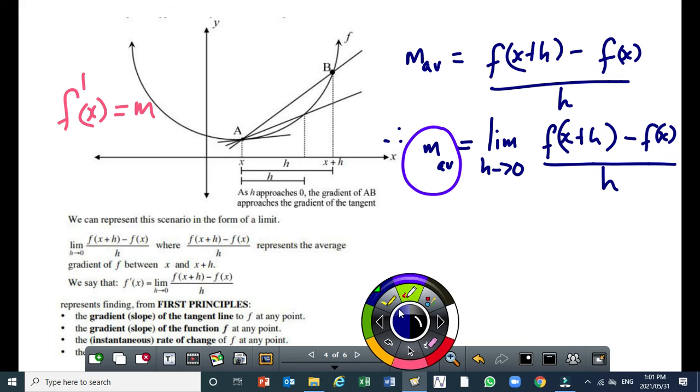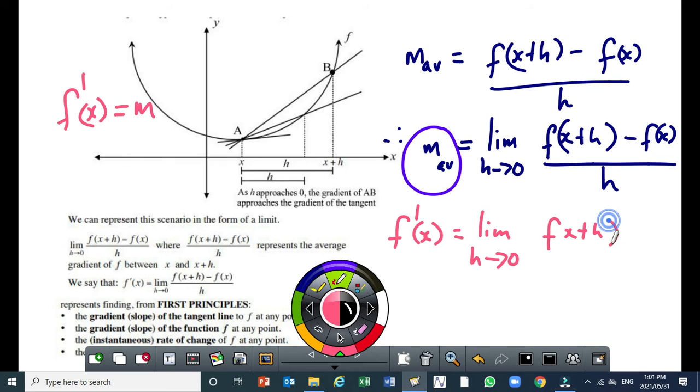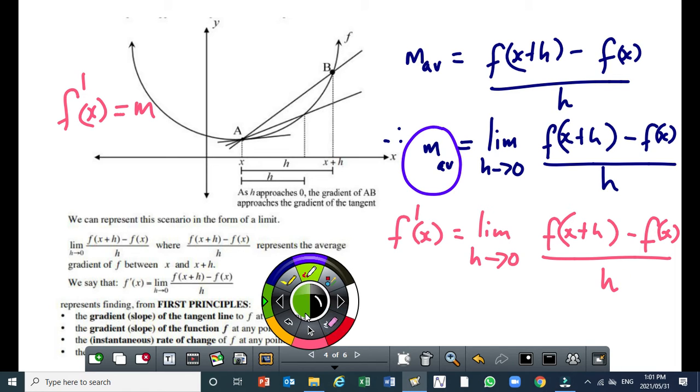If I do that, we end up having a new formula which is f prime of x is equal to the limit as the value of h approaches 0 of f of x plus h minus f of x all over h. And this equation is the famous definition of a derivative.